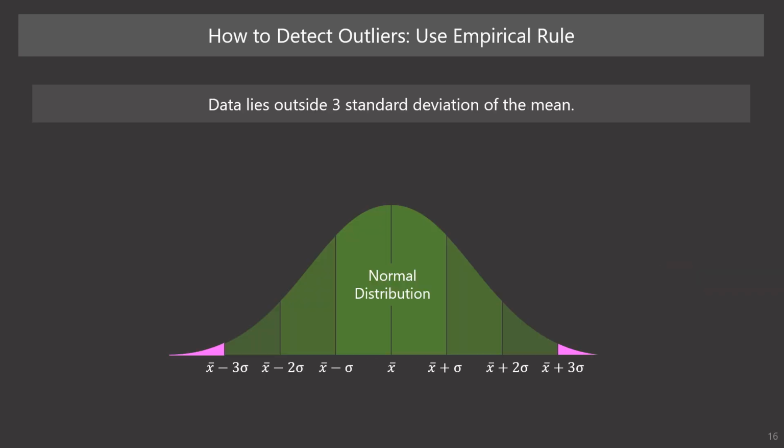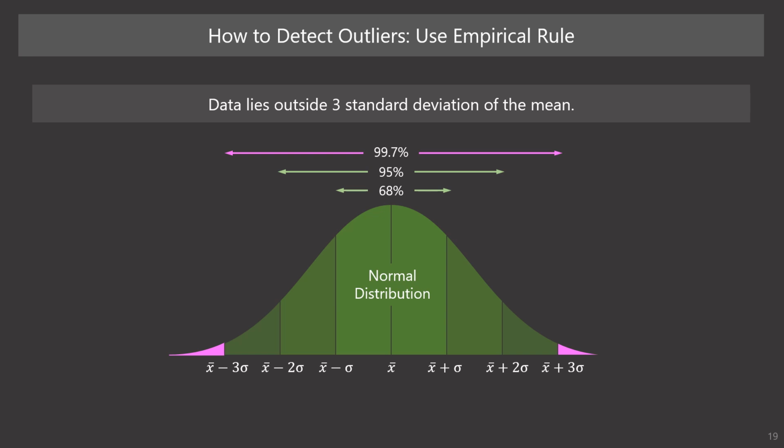If the data is normally distributed, we can also use the empirical rule to define an outlier. Remember the tenet of the empirical rule. If observed values are normally distributed or approximately normally distributed, about 68% of the data fall within one standard deviation of the mean, about 95% of the data fall within two standard deviations of the mean, and about 99.7% of the data fall within three standard deviations of the mean.